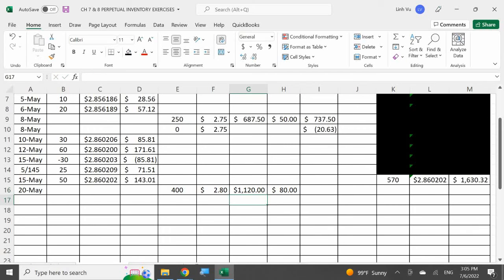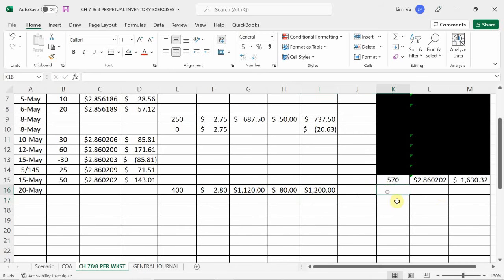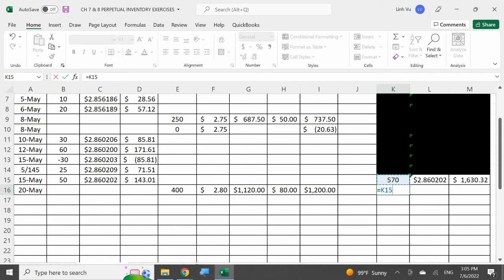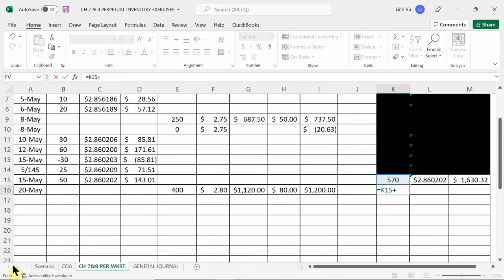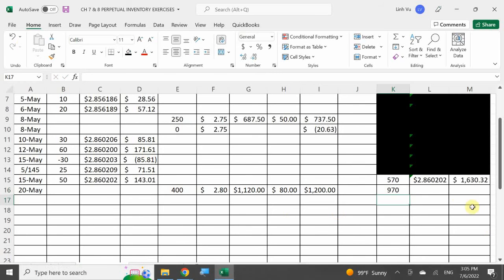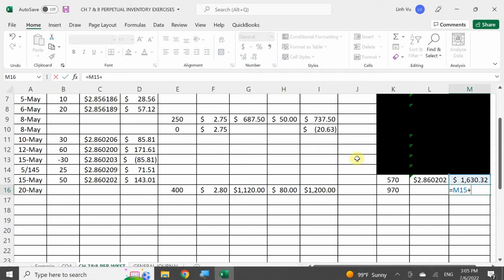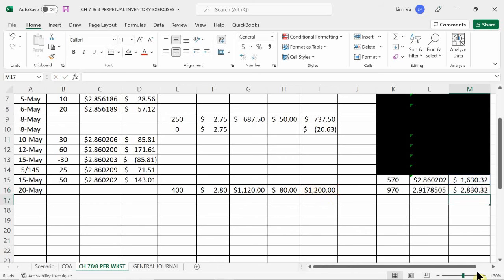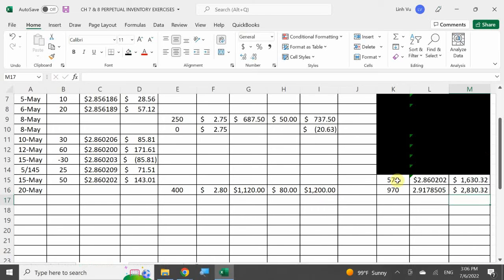That's 1,120, and 1,120 plus 80 gives you 1,200. Let's update my inventory because I purchased more inventory. So 570 plus 400 gives you 970, and we increase my total cost by $1,200 to give me a grand total of $2,830.32.